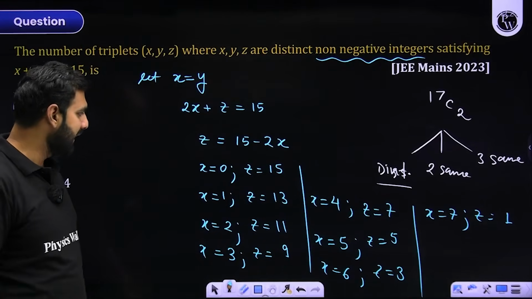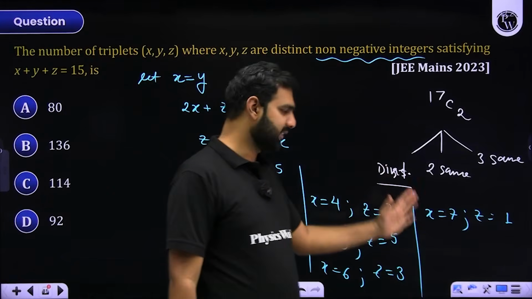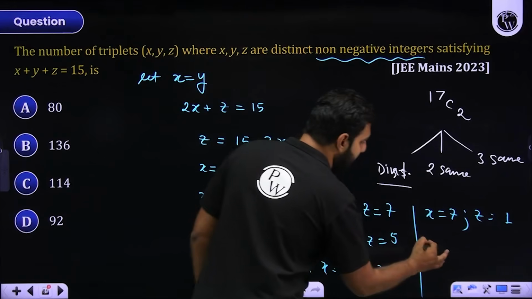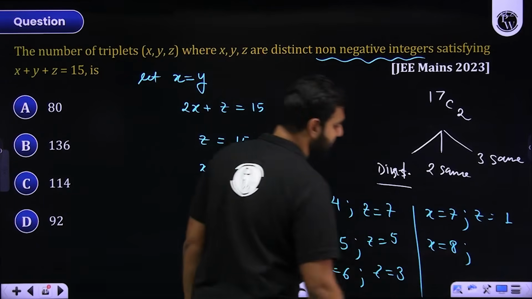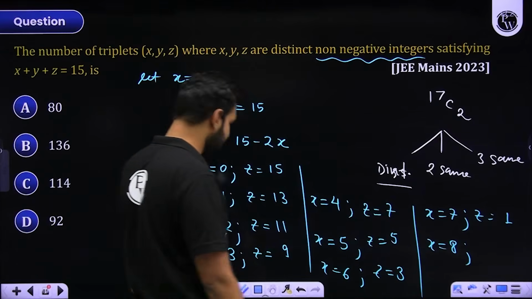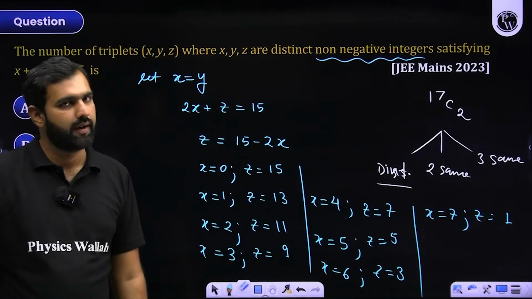Why am I calling them 8 cases? Because x is 0, 1, 2, 3, 4, 5, 6, 7. Yes, they are 8 cases. What you need to understand here is that the moment I keep x as 8, I hope you must have started noticing the pattern. 16, and 15 minus 16 is minus 1, and that would have made it negative. So this case should be excluded. Did you understand this part?